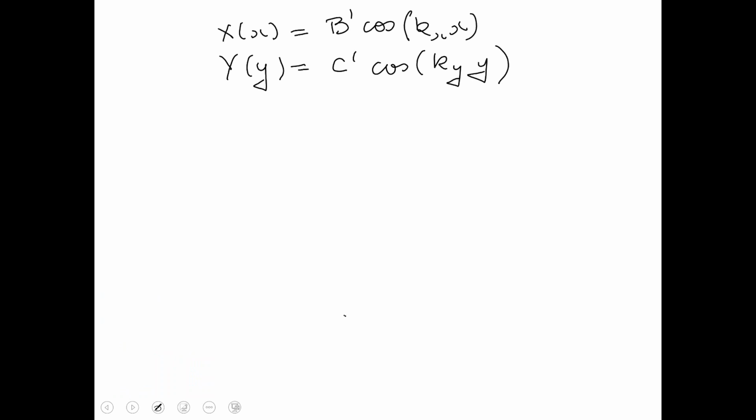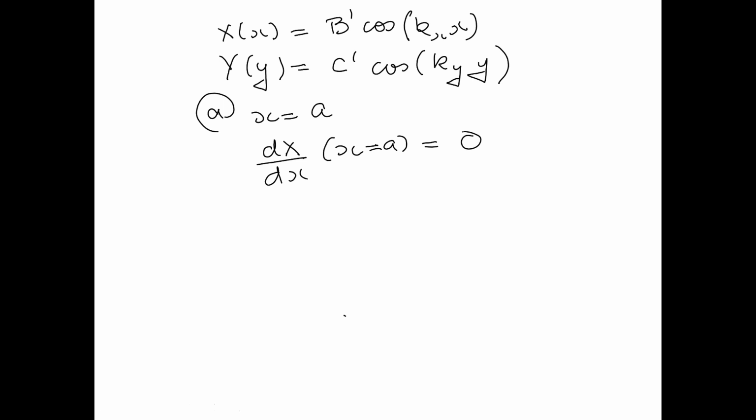Now let's do the boundaries at x is equal to a. Again, dX by dx at x is equal to a has to be 0, which becomes minus b prime kx sine kx a has to be equal to 0.